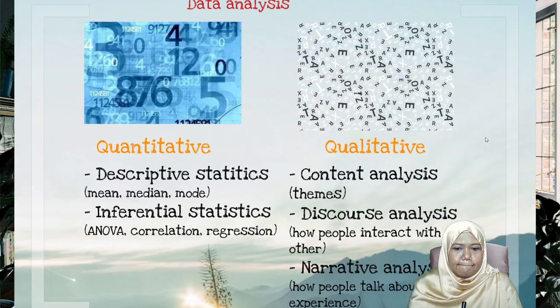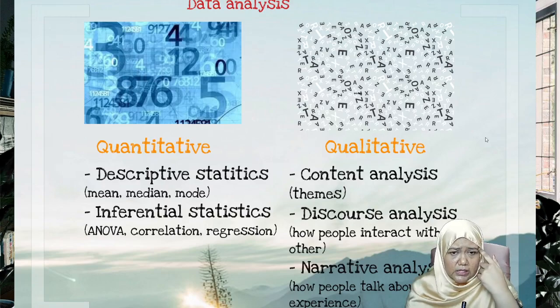In the research methodology, in your chapter 3, you should have your description about data analysis also, not only how you test it, but how you analyze it also. You need to have a writing for data analysis.